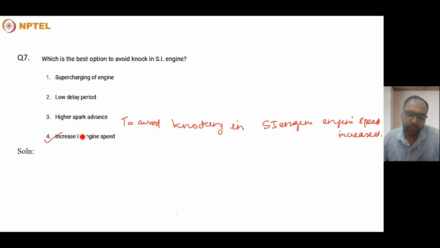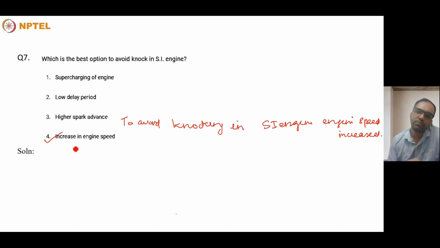What happens if spark is advanced? When the spark is advanced, burning gas is compressed by the rising piston, and therefore temperature and pressure are increased. Thus the tendency of knocking increases.